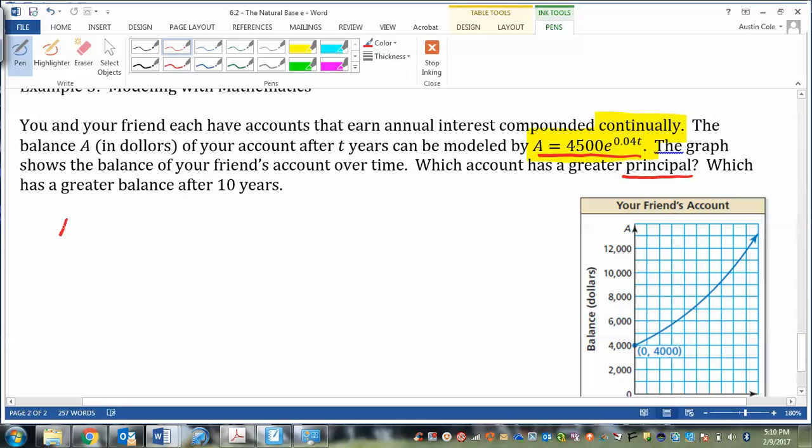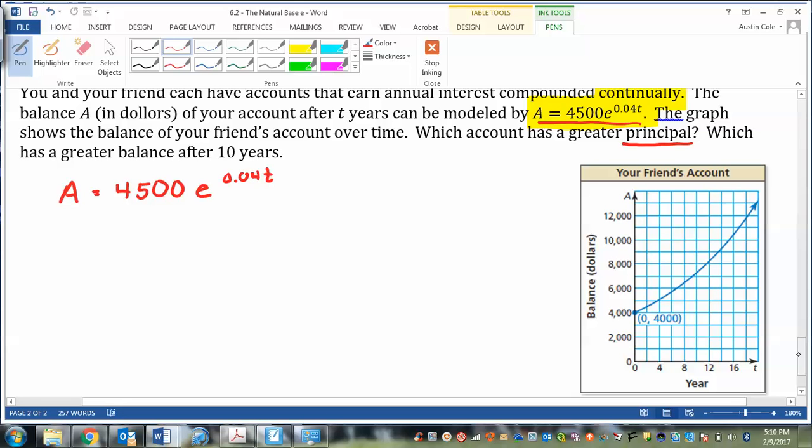So if I have this function, A equals 4,500 e to the 0.04t, okay? This number represents my principal. So I started with 4,500, and if I go to my friend's account, well, I can figure out how much he started with by looking at the year.